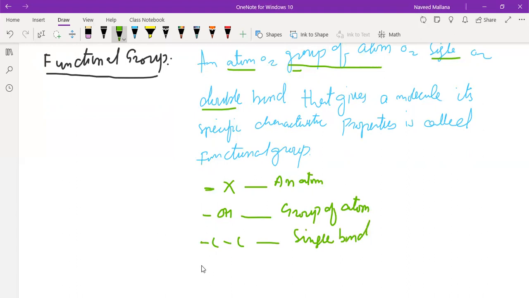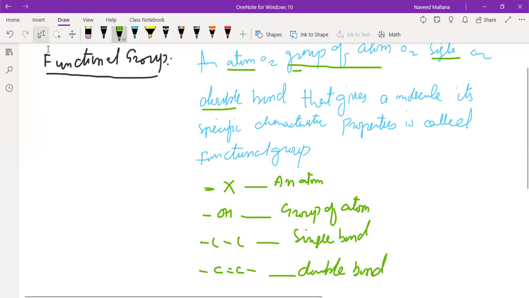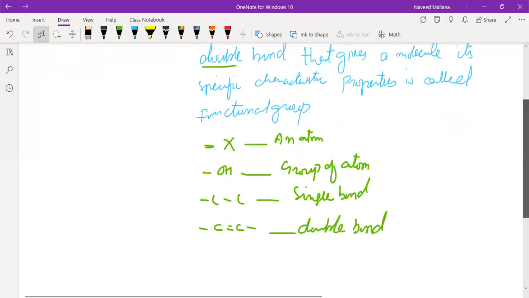And this is carbon, carbon double bond, okay, double bond. What is this? Double bond. Now let us take some more detail of these examples.